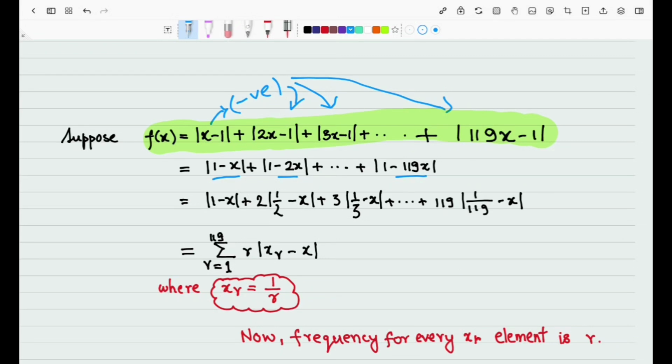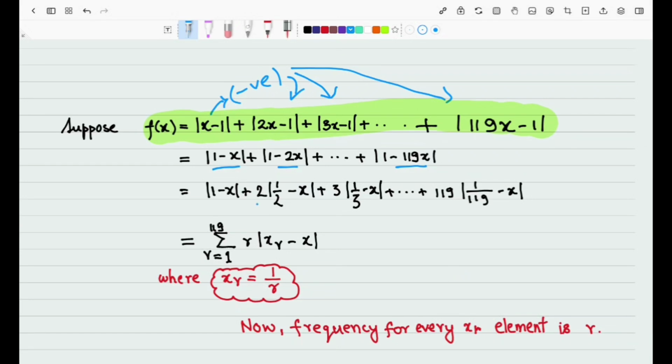After that, I have taken out the 2, 3 and 119, that is the following coefficients. I have taken the coefficients outside. That helps us, because now we can represent the following data set, that is, the equation f of x, as follows.